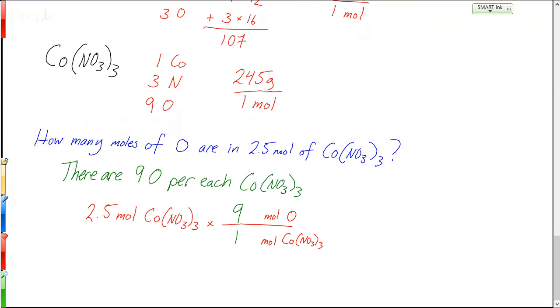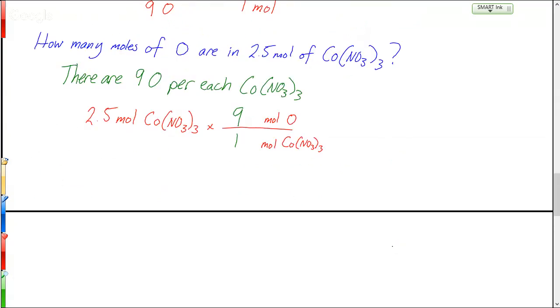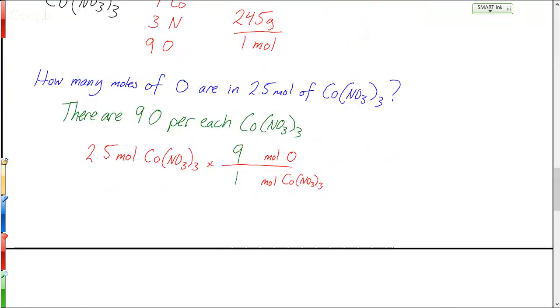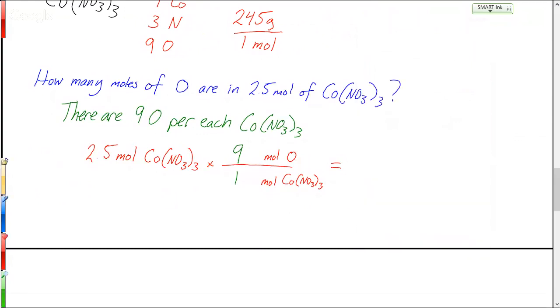And that works as well. So if we evaluate this, 2.5 times 9 is 22.5. So there's about 23 moles of O in 2.5 moles of the compound.